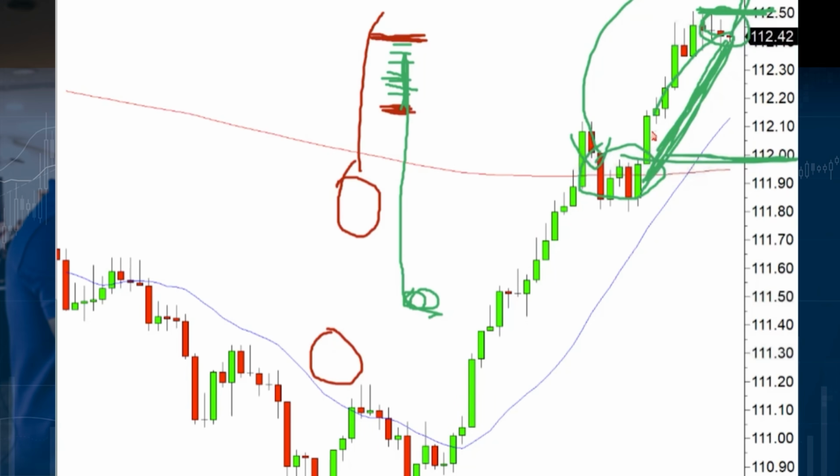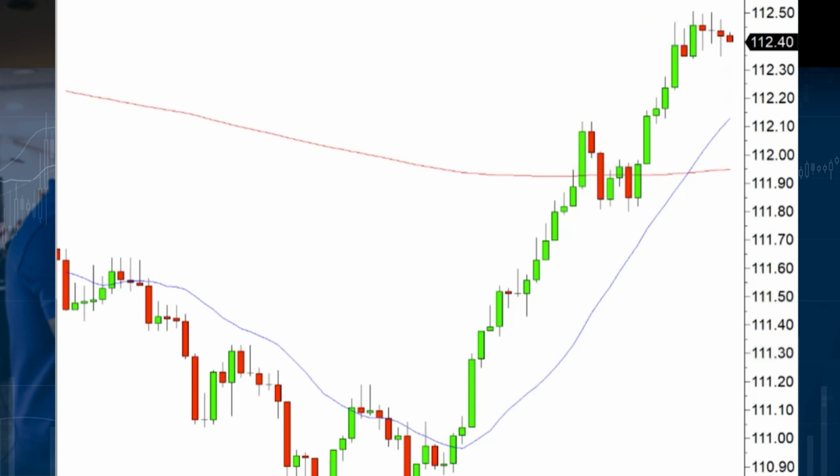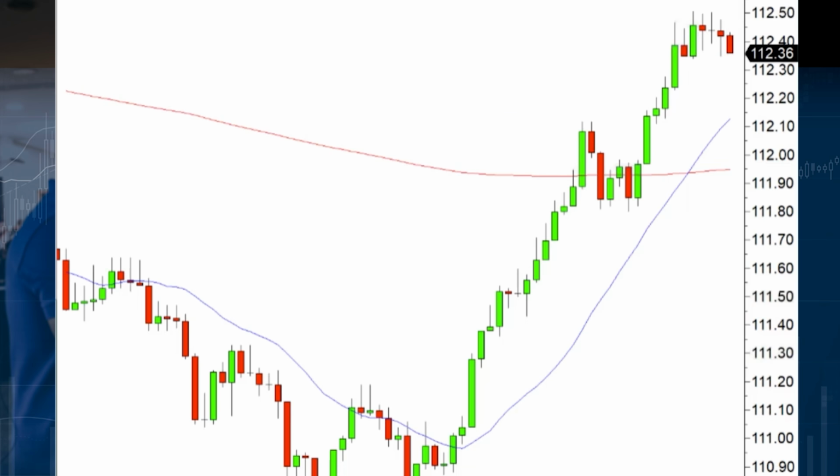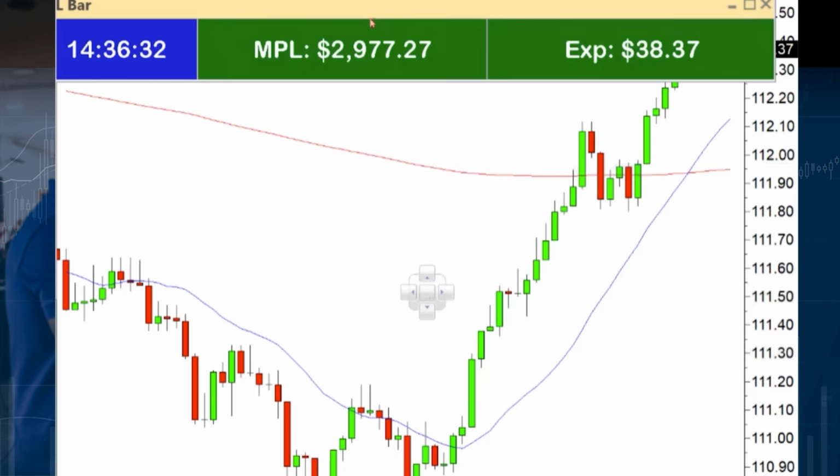Roughly 112 to roughly 12.50. We take that same measurement, put that above it, and that becomes a very interesting spot up there. It's interesting how the market moves in a measured way a lot of times.